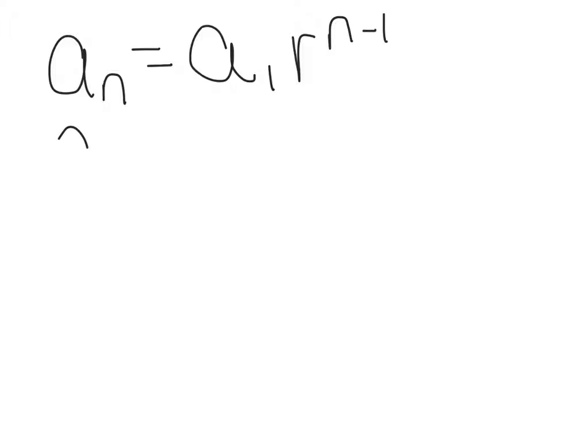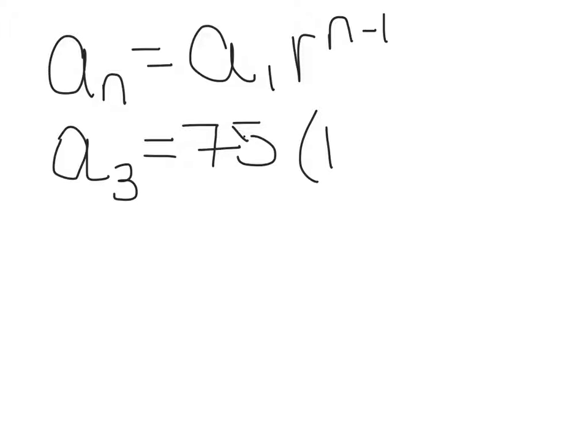Well, to find out how hot the hot tub's going to be in 3 hours, you're going to take your first term, which is 75 degrees, and this is the tricky part right here. You want to multiply by 1.12, not 0.12, but 1.12, and then you're going to plug in your 3, and then minus 1.